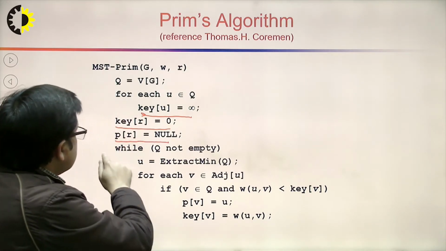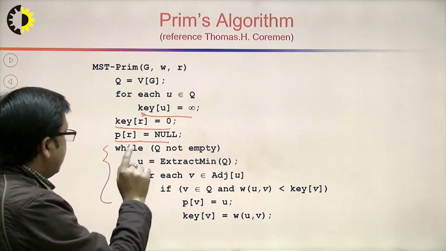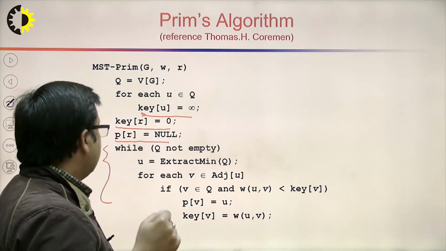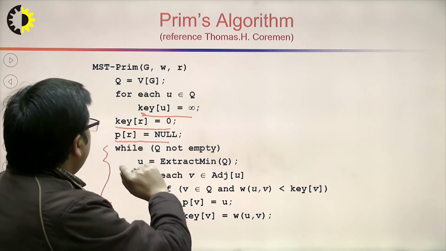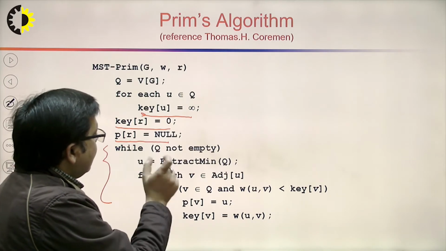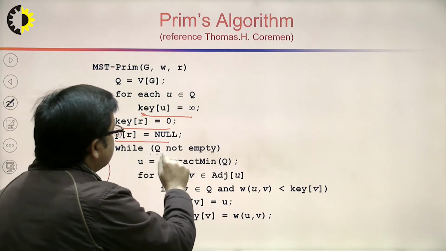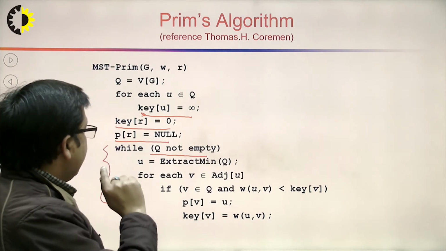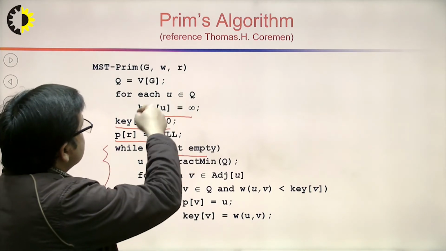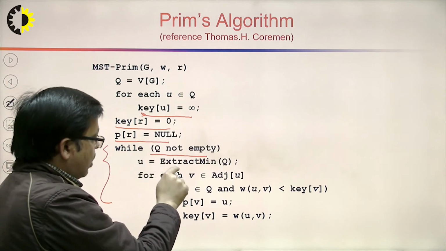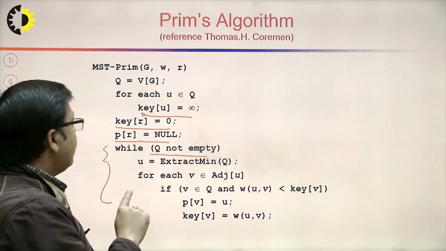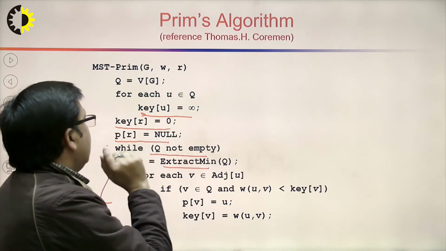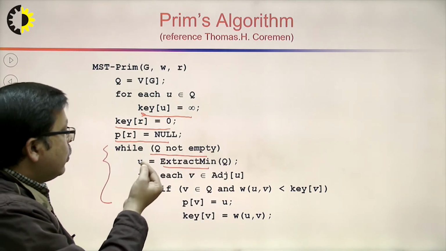Now, this is the whole approach to how we optimize the adjacent edges one by one. We scan the queue. This queue is not a normal queue, it is a priority queue, and we push all the nodes of the graph into the priority queue. We use the extract min function of the priority queue to extract the minimum weight vertex.